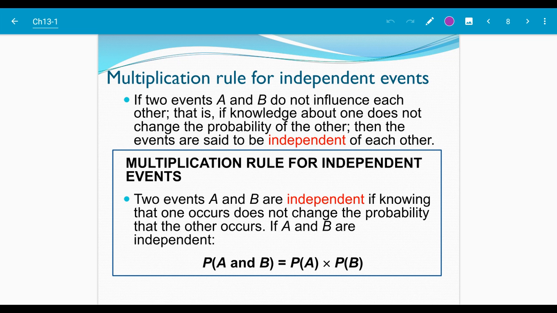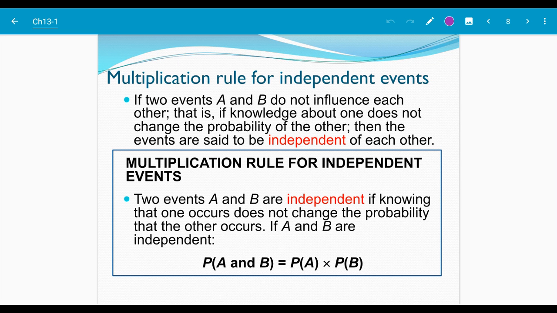Now, that's a good enough definition for our general purposes. However, we will be seeing problems where we are asked to justify that 2 events are independent or show that they are independent or not independent.